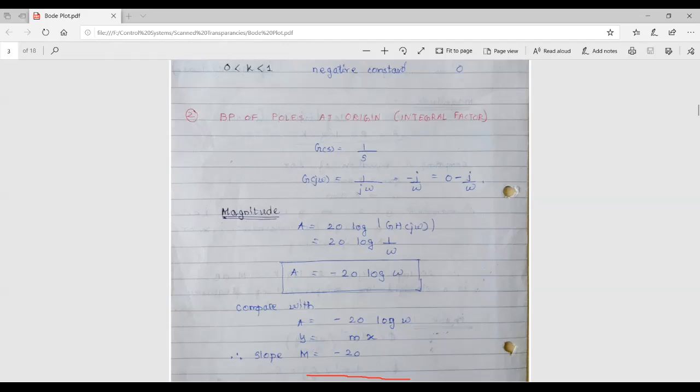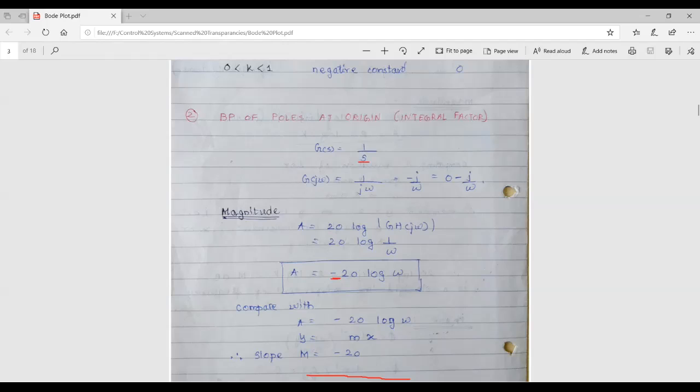Here, let me introduce a concept. If your factor is in the denominator, your magnitude is going to be negative, because that 1 upon j is going to be minus j, and so your final magnitude is going to have the negative sign.